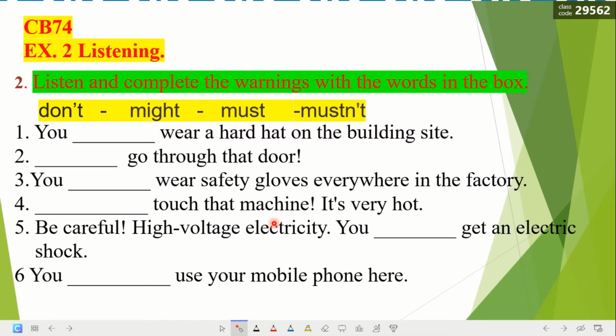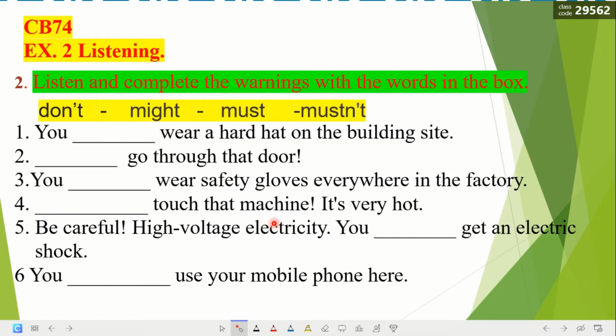Unit 10. Safety. Recording 53. 1. You must wear a hard hat on the building site. 2. Don't go through that door. 3. You must wear safety gloves everywhere in the factory. 4.